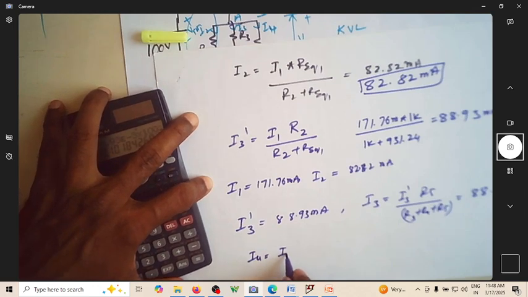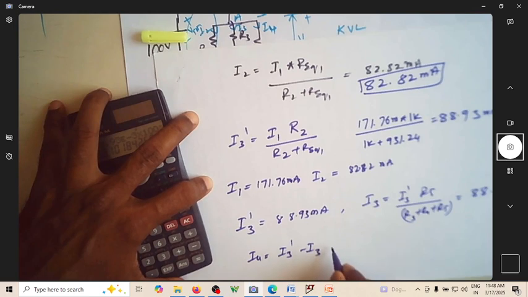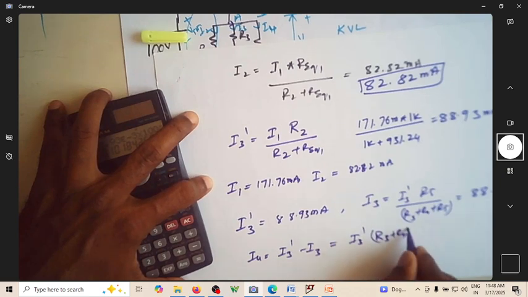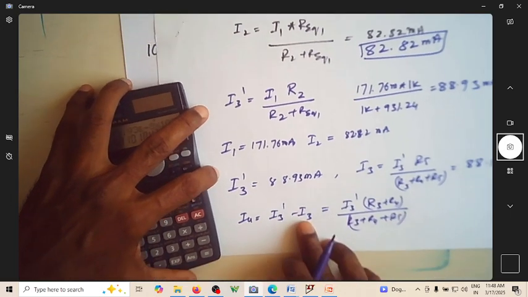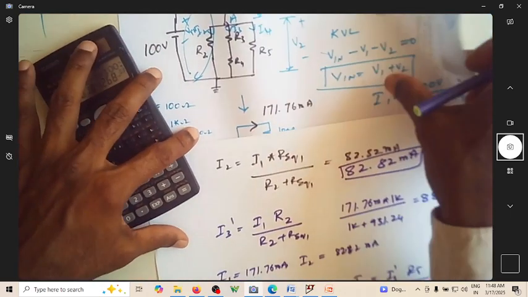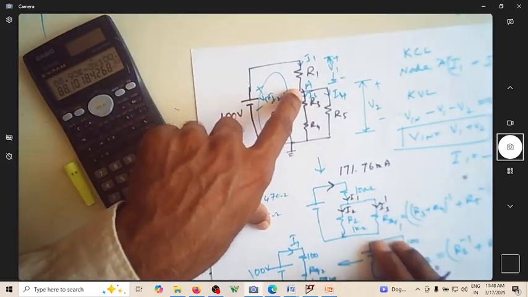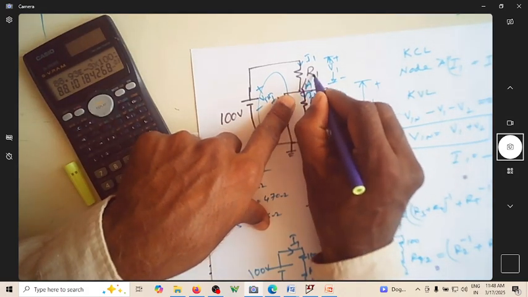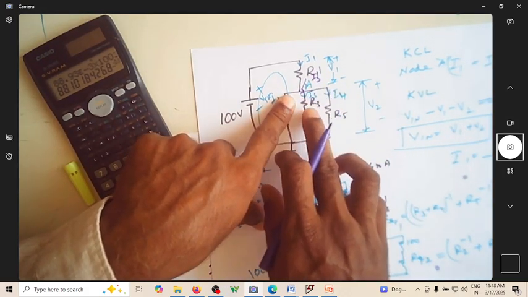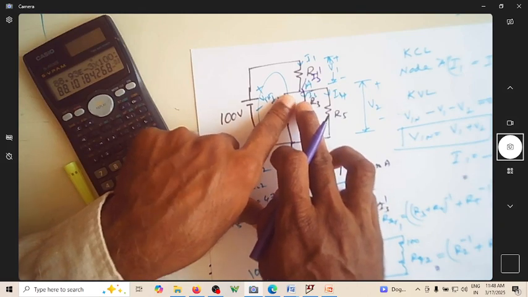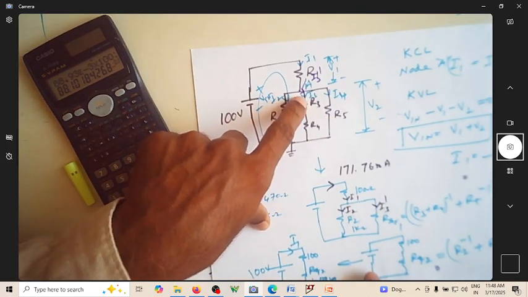I4 is actually I3 dash minus I3, or I3 dash into R3 plus R4 divided by R3 plus R4 plus R5. Both have to be the same. What we are trying to do is, we know I3 dash, which will now be divided between I3 and I4. We already know I3.